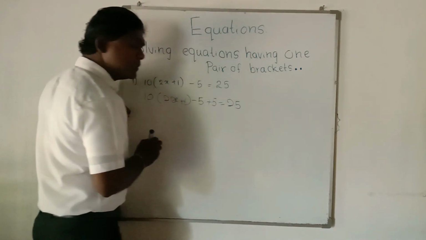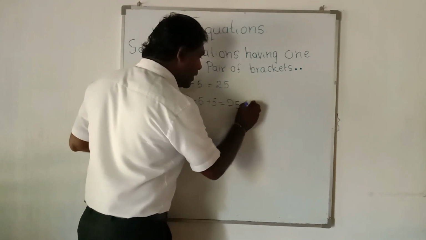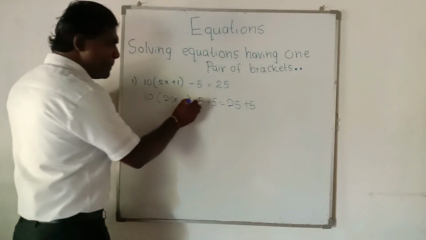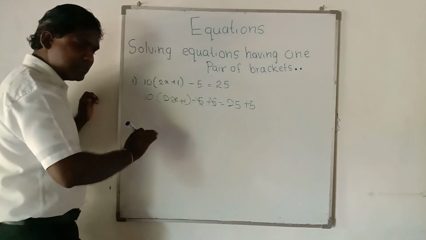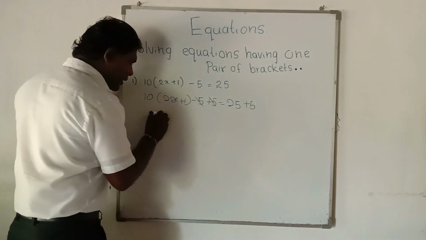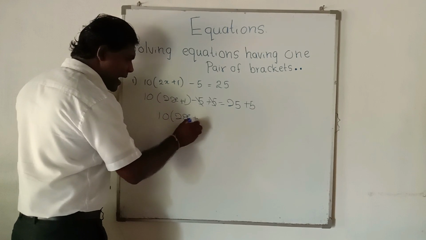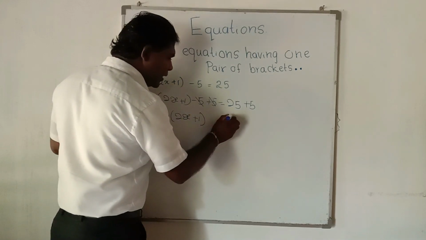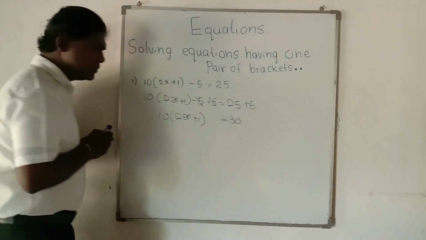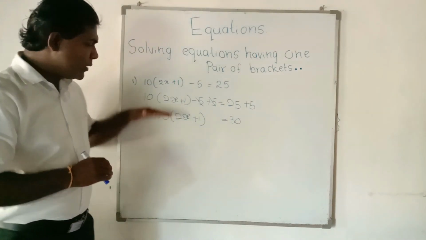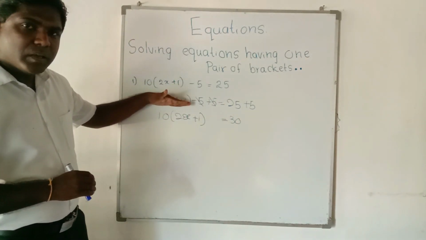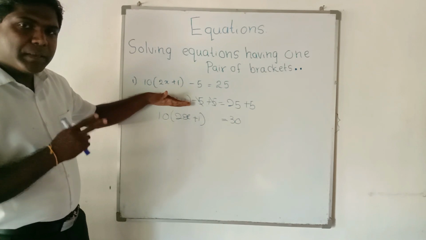Subtraction means add 5 to both sides. Minus 5 and plus 5 cancel to 0. Here 10(2x + 1) equals 30. Now you can consider which method to apply.